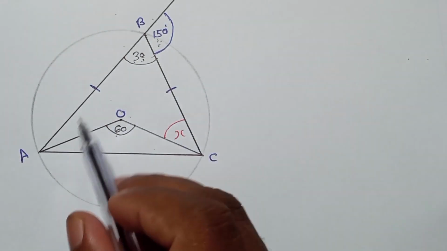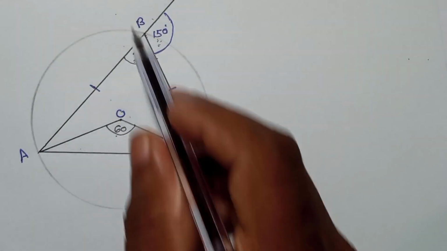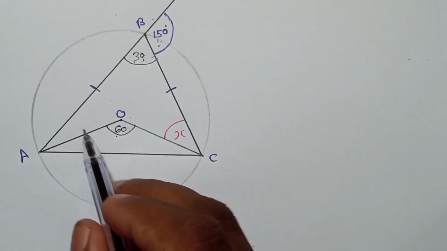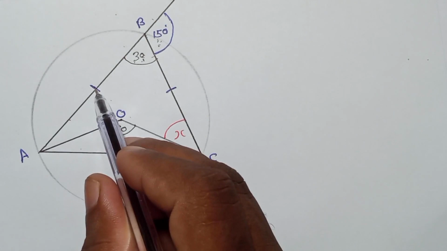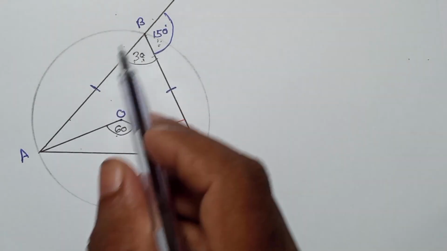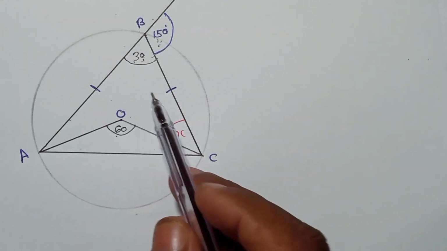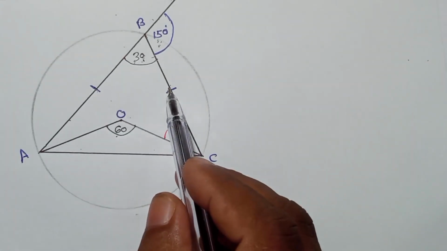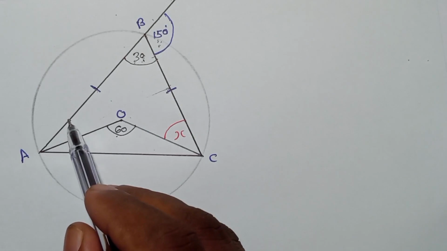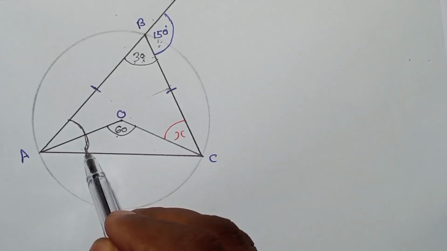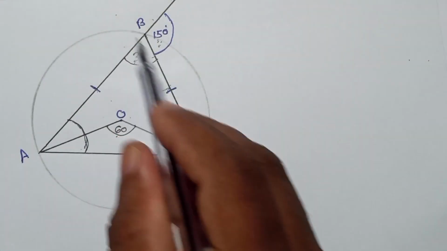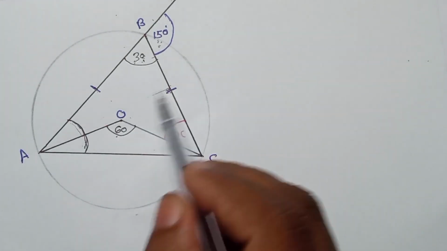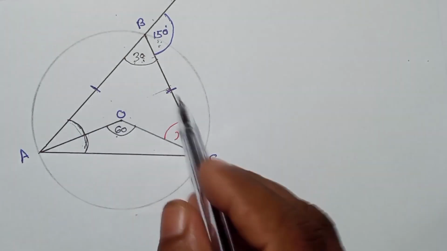Now they tell us AB and BC are equal, that means an isosceles triangle. So what can I do? When you have a situation where the triangle has two equal sides, the opposite angles are equal. I'm talking about the big triangle ABC. This side's opposite angle is this one, and this side's opposite angle is this one.